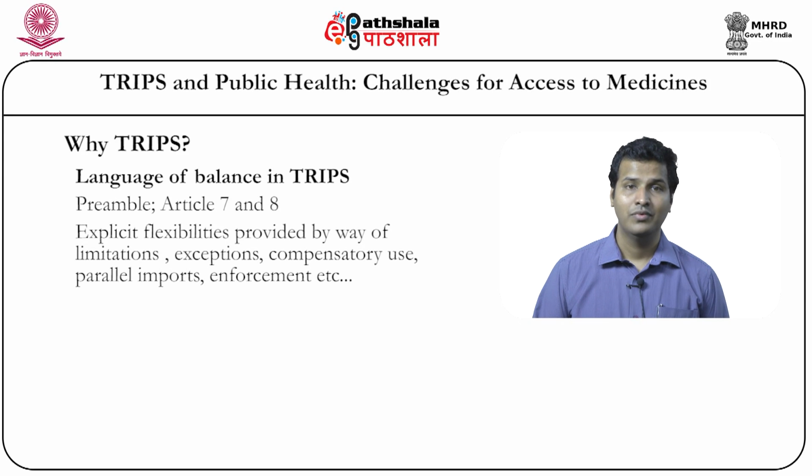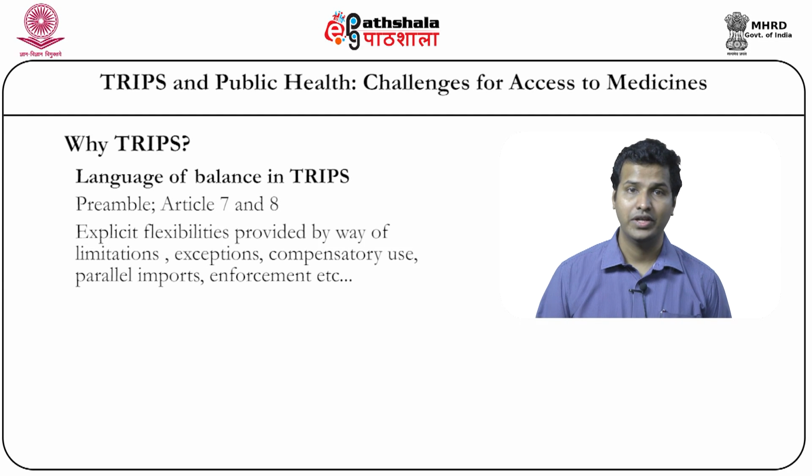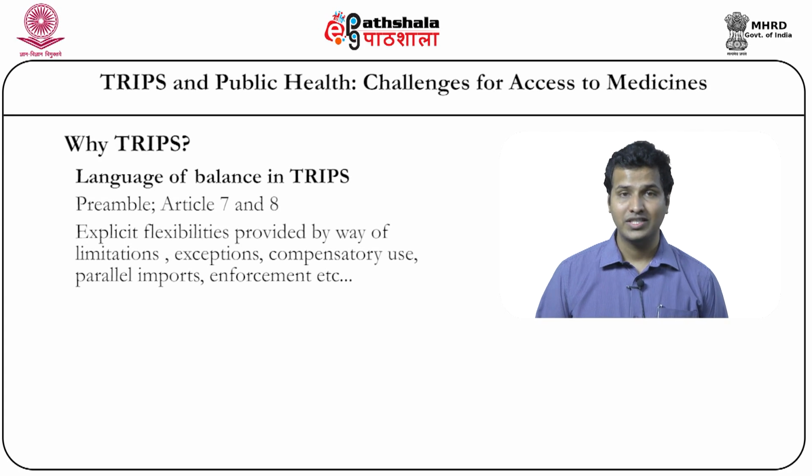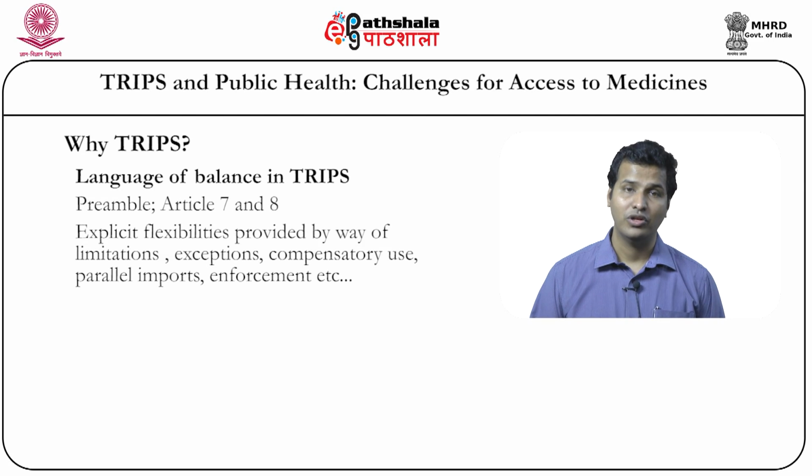At the same time, these flexibilities are sometimes explicit, as in the case of a compulsory license which can be granted on any ground, or in the case of certain limited exceptions that may be provided, and sometimes these are non-explicit, where you can interpret certain provisions to provide you a certain maneuvering space within your domestic policy context.